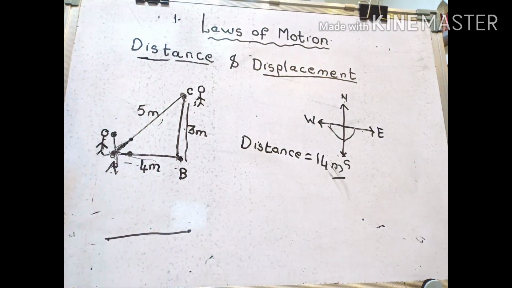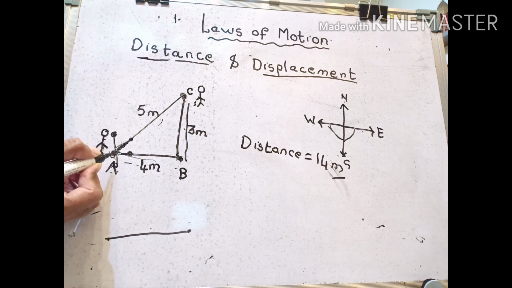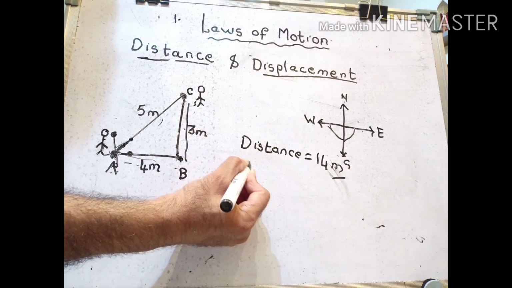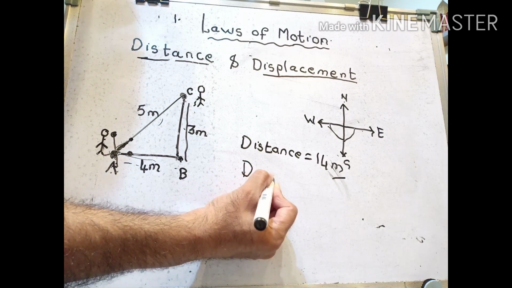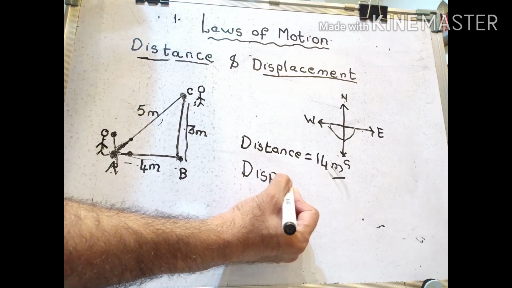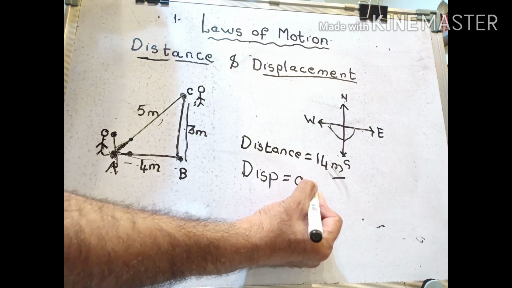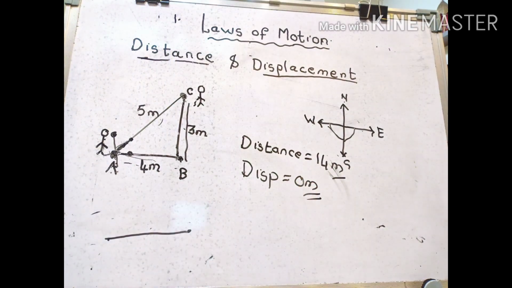What is the person's displacement once the person returns to the original position? The displacement will be 0. Initial position is A and final position is A, so the displacement is 0. Displacement is 0 meters when a person comes back to the original position.